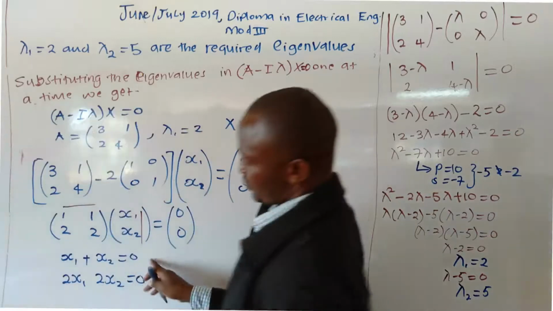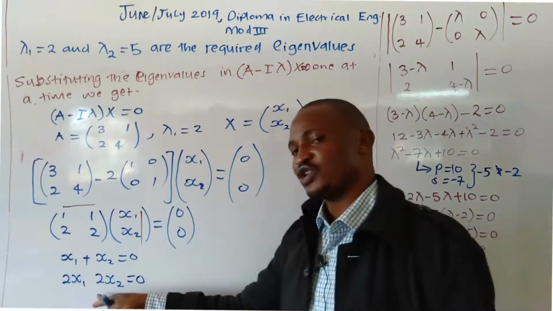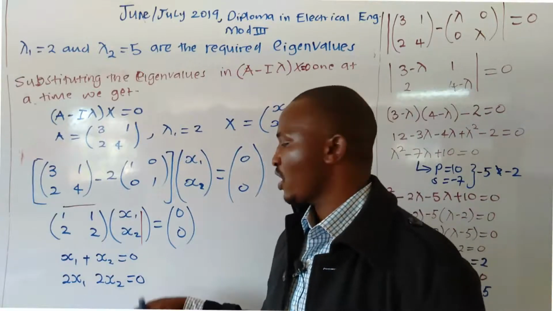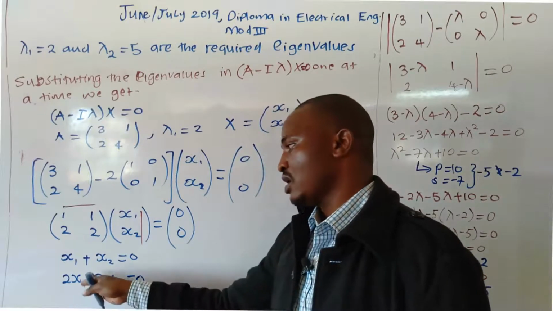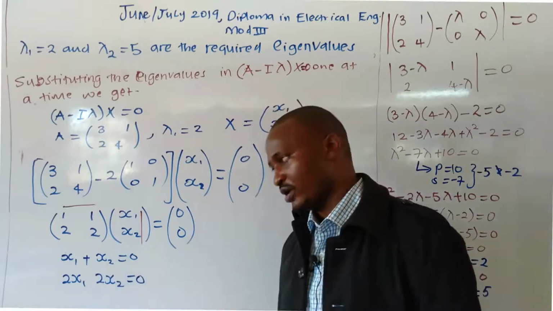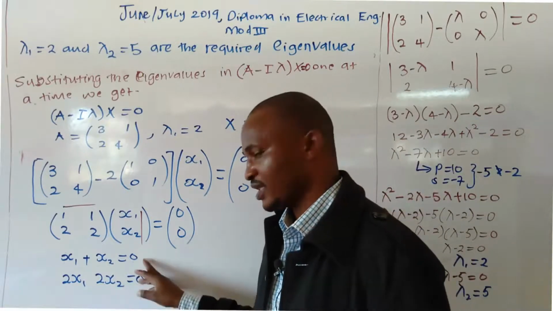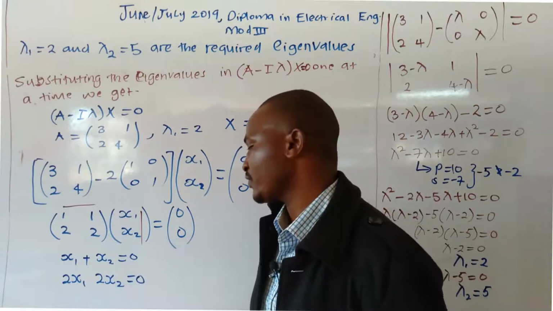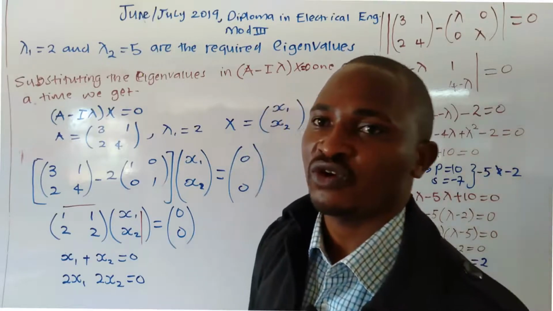We have two algebraic equations, or two simultaneous equations. These equations, we use them to get the values of x1 and x2. And notice, those two of them, they are equal to 0. It's not possible for us to get the value of x2 and x1 in terms of constants.